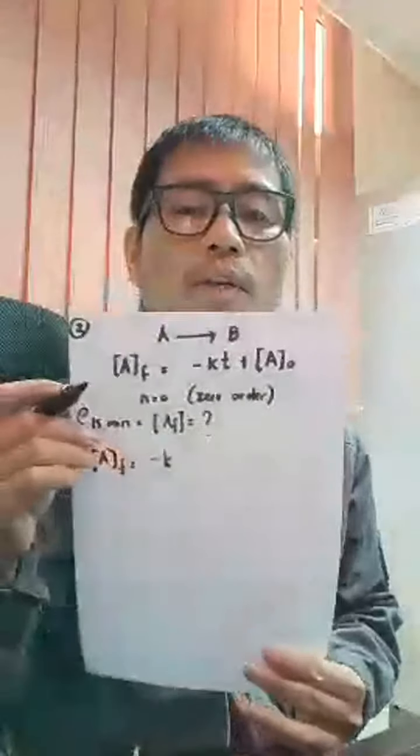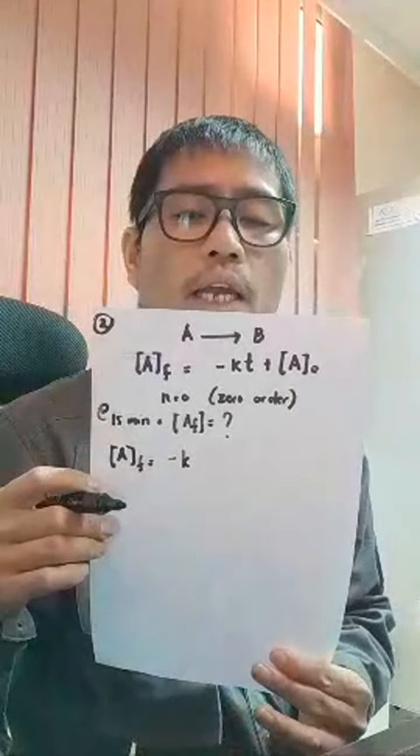The final concentration is equal to negative k. Our rate constant k is mentioned in the problem, which is 0.015 molar per minute.